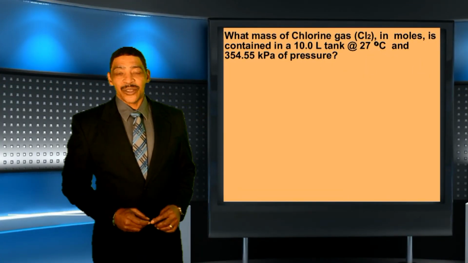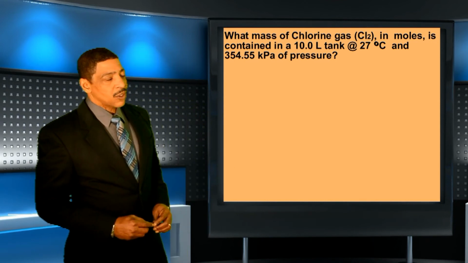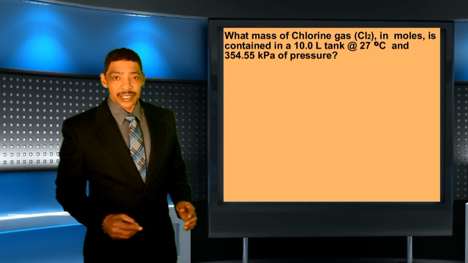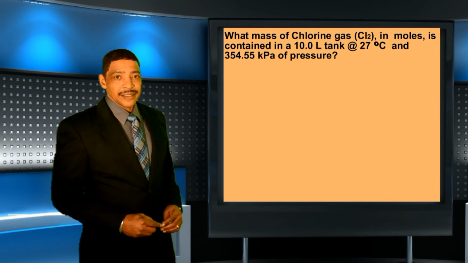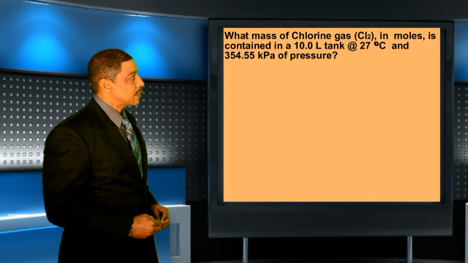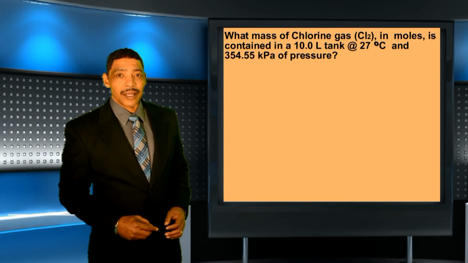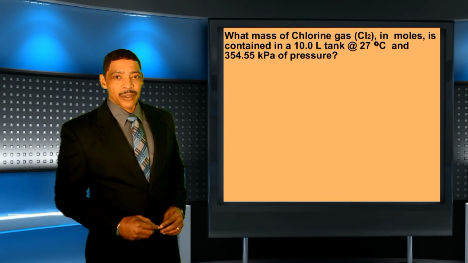Let's end the lesson with the mole calculation. Consider the following. How many moles of chlorine gas, Cl2, are contained in a 10.0 liter tank at 27 degrees Celsius and 354.55 kPa of pressure?